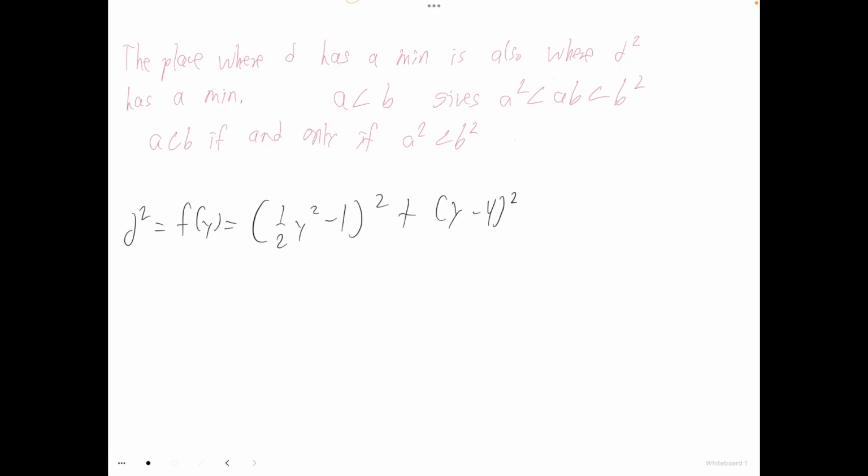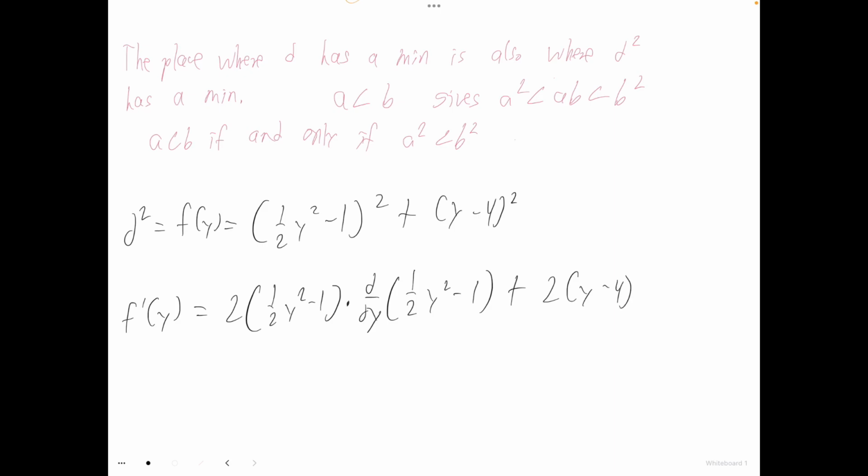So we have f prime is equal to 2 times (1/2 y squared minus 1) times the derivative of 1/2 y squared minus 1, plus 2 times (y minus 4) times the derivative of y minus 4. Multiplying this out, we get 2 times (1/2 y squared minus 1). The derivative of 1/2 y squared is just going to be y, plus 2 times (y minus 4) times 1.